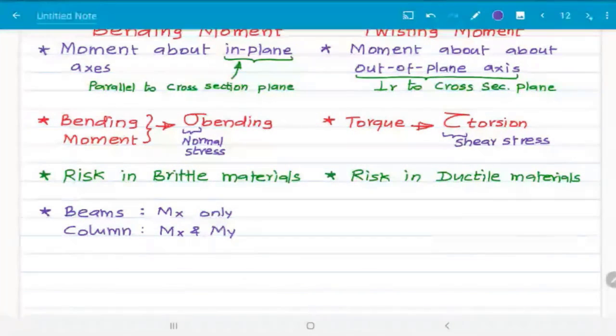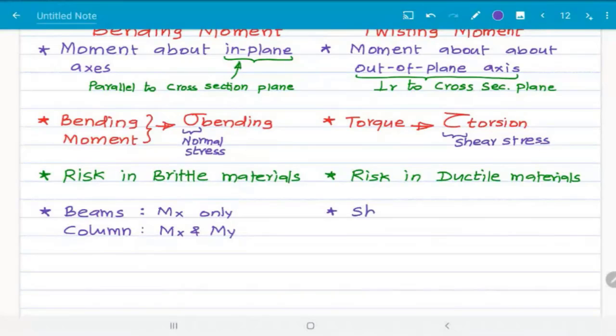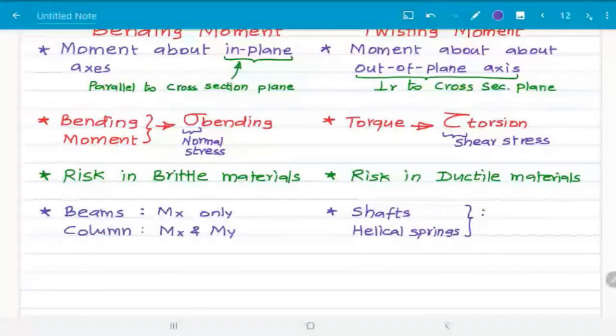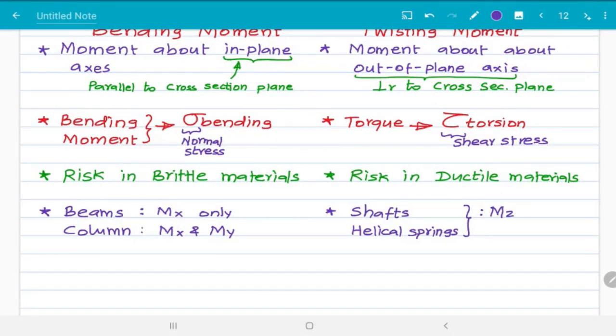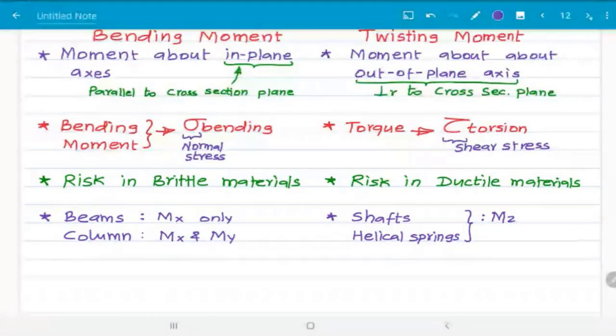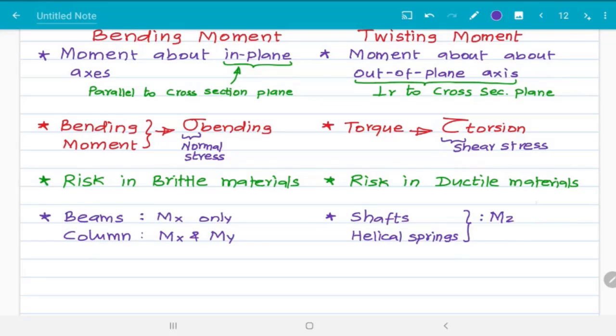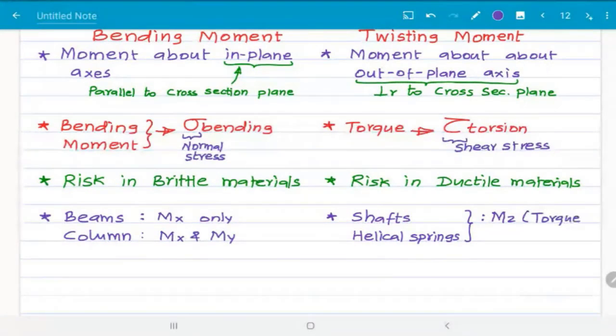Then, in case of shafts and helical springs, we are using Mz, meaning moment about the out-of-plane axis, torque. So these are the applications.